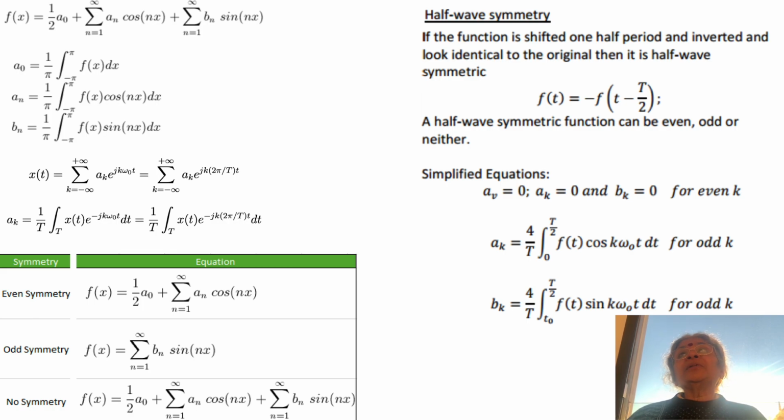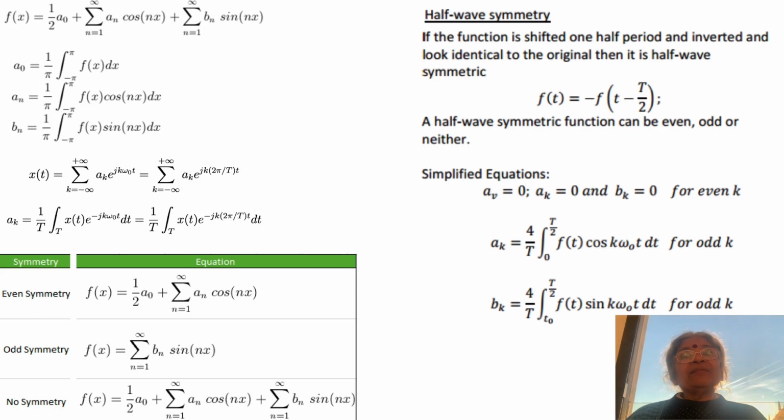But on the other hand, if you have even symmetry, then in the trigonometric version the sine quantities disappear. That is, the coefficients associated with the sine quantities disappear.